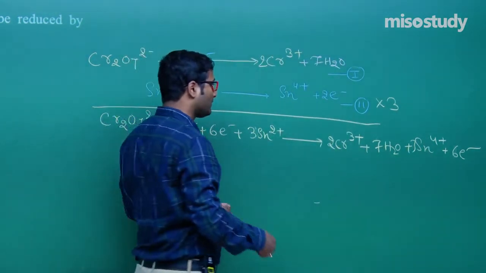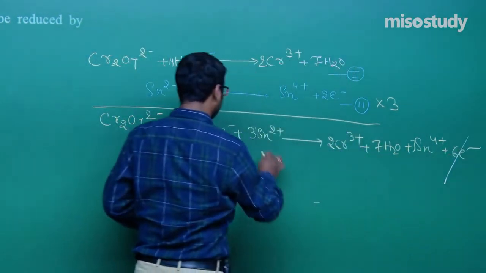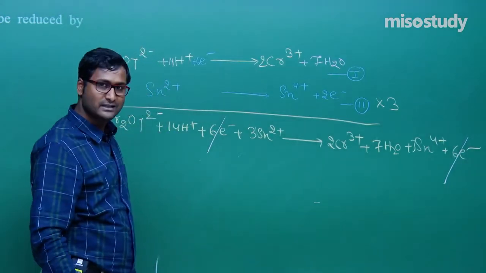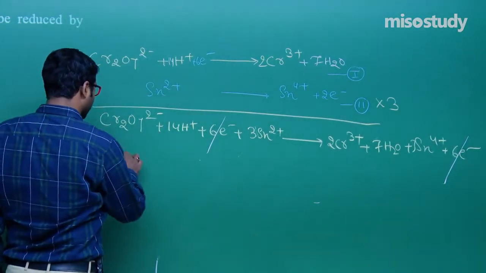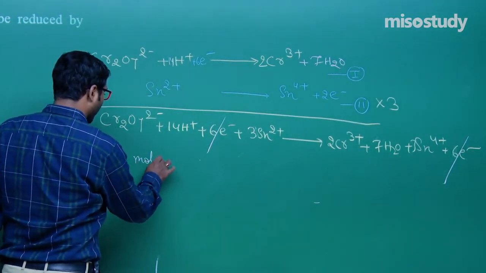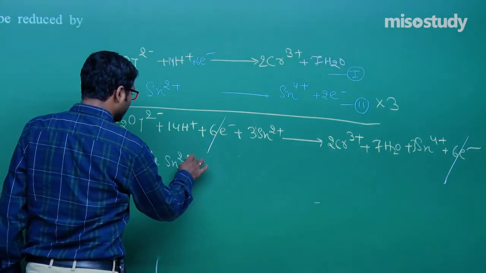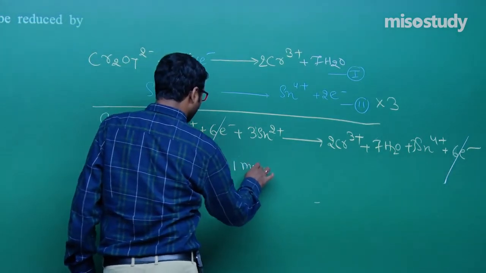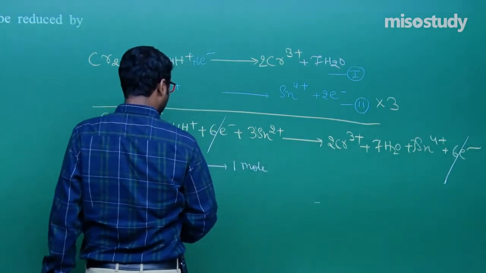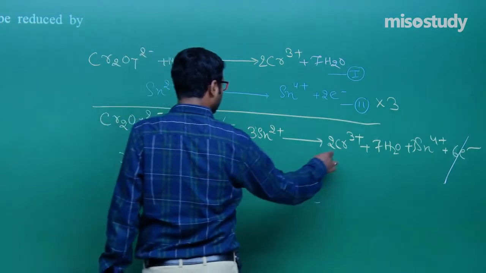Clear? Now what will happen? This 6 electron and this 6 electron will cancel each other. Now look at 3 moles of Sn2+ requiring 1 mole. Wait for a moment. Here is 2.